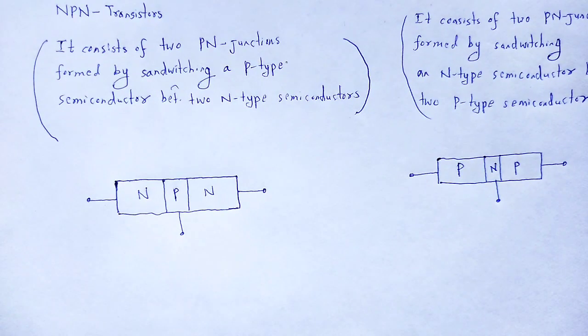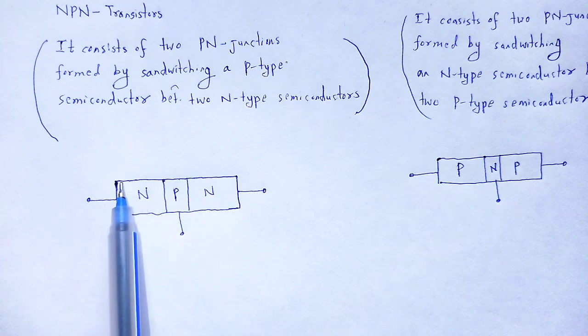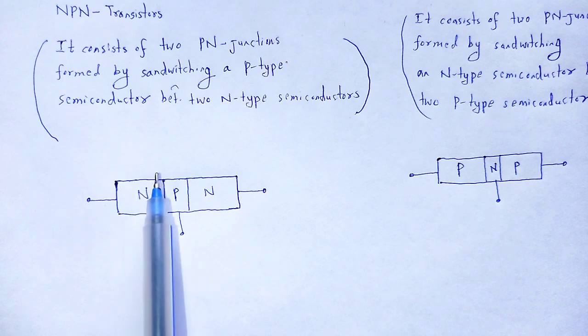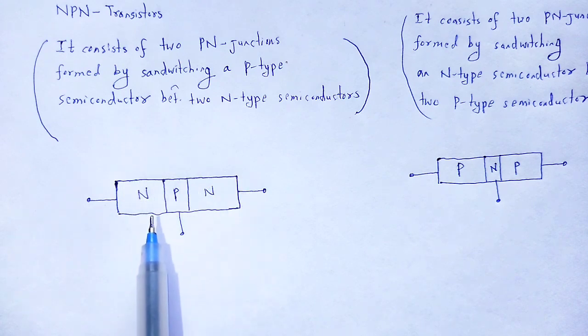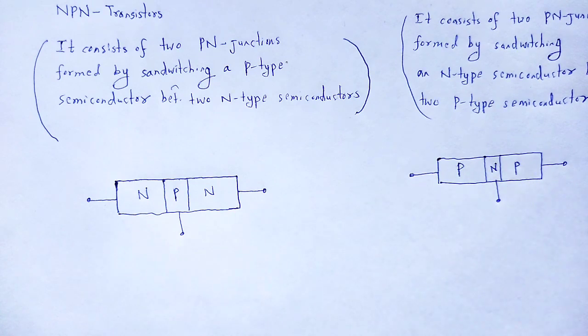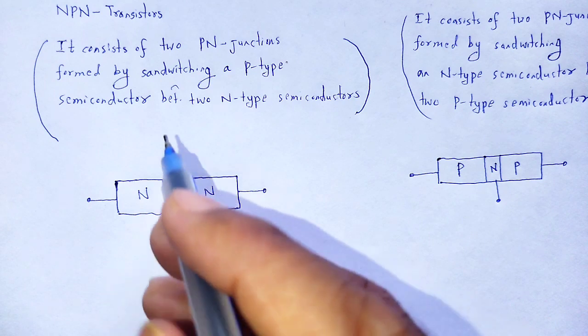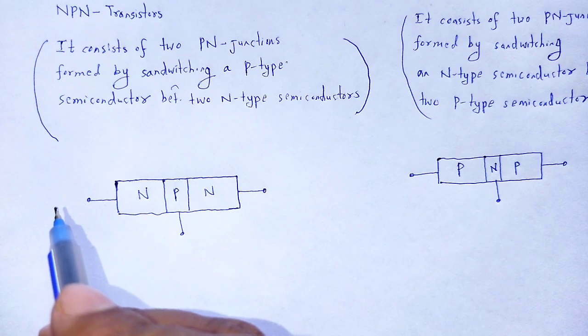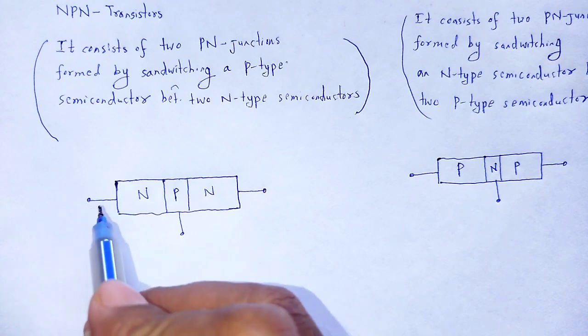Then the question will come: is it possible that this N type is similar to that N type, and that P type is similar to this P type? So here another term we introduce, that is emitter, base, collector.